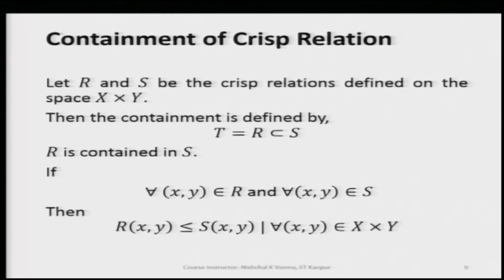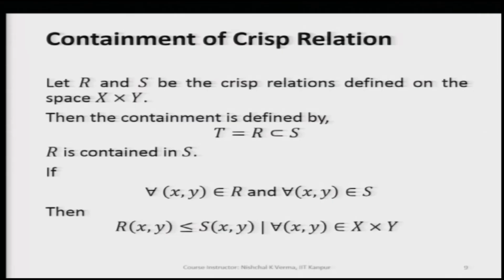If we have capital R and capital S as crisp relation sets, then the containment is defined by the set, let us say capital T, equal to R, which is a subset of S. R is contained in S if for every x comma y, the ordered pair element belonging to capital R, x comma y also belongs to capital S. This way, R of x comma y is less than or equal to S of x comma y for every ordered pair belonging to the Cartesian space, capital X cross capital Y.